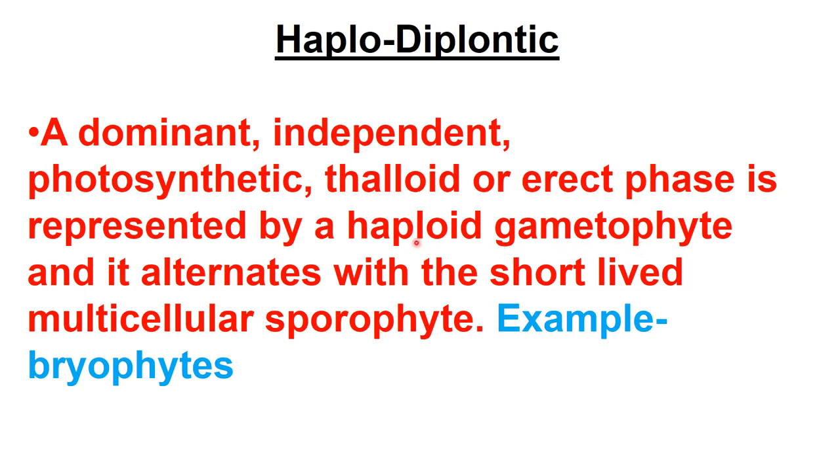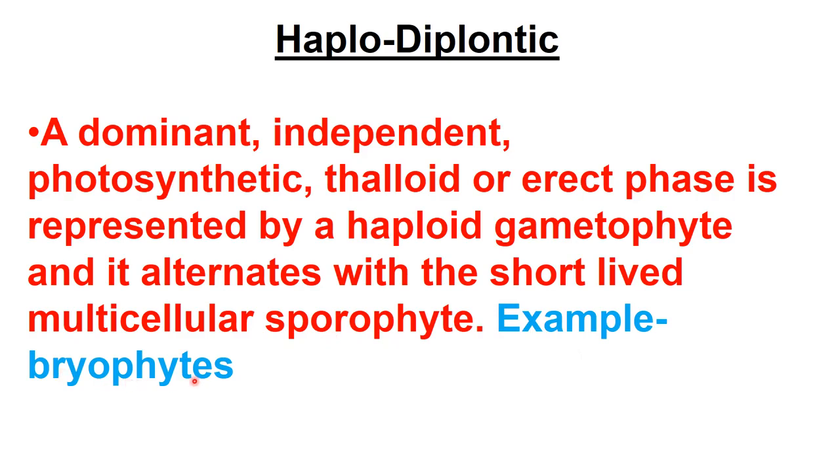That gametophyte is haploid, independent, photosynthetic, and it can be thalloid or erect. And it is dominant. It alternates with the short-lived multicellular sporophyte. So the sporophyte structure is short-lived here. It is multicellular, but it is short-lived. An example of such a life cycle is in bryophytes.